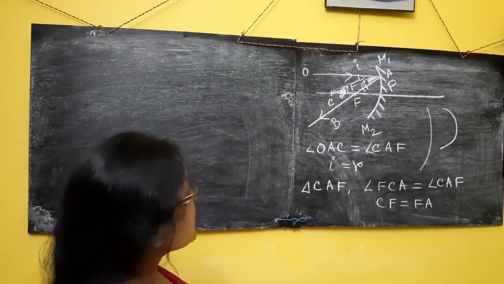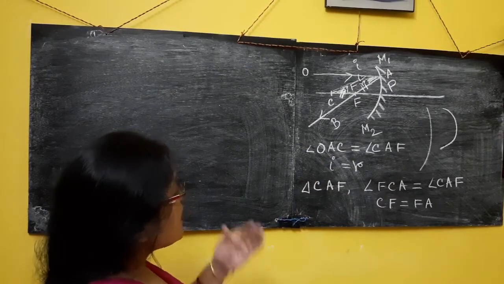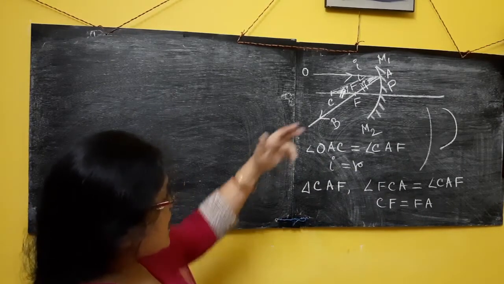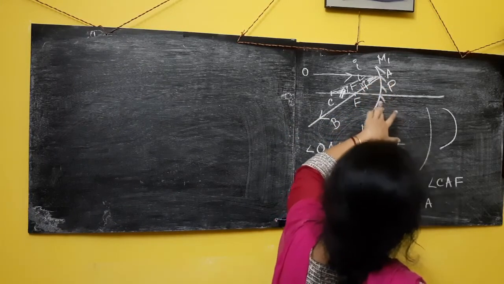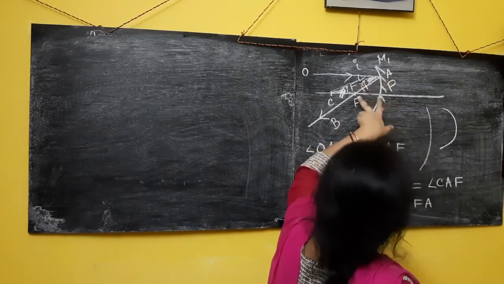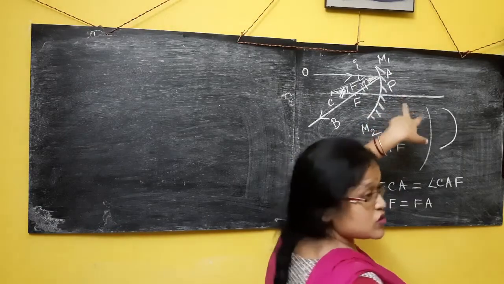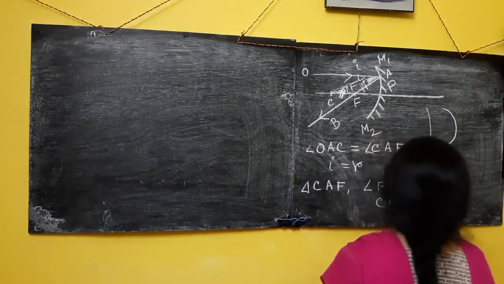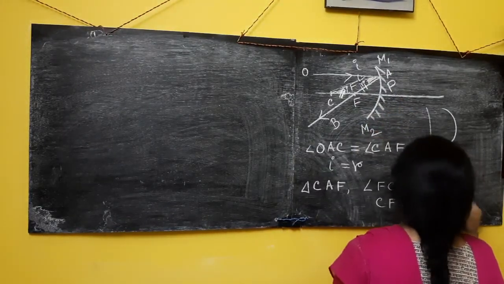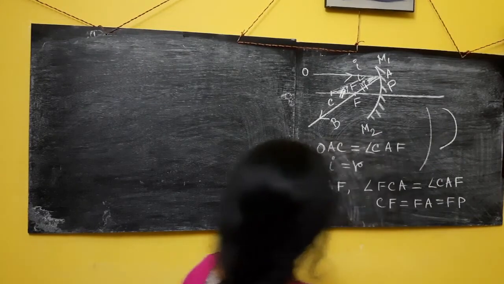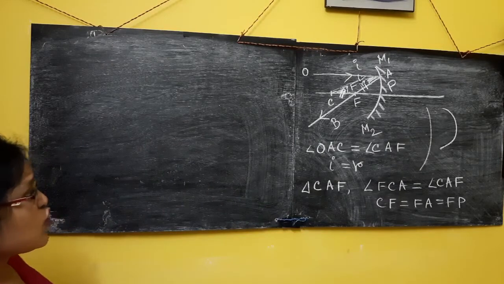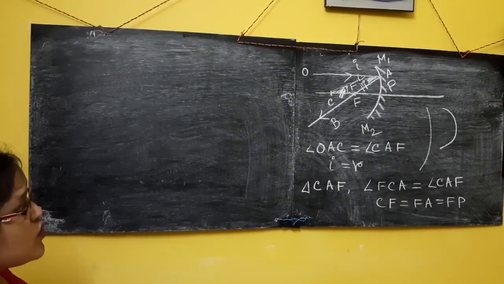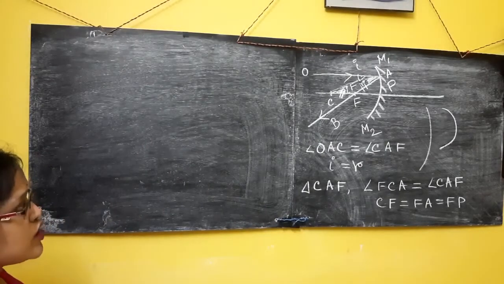Means points A and P are nearly close to each other, so I am writing FA or FP, both are the same. So CF equals FP. Clear? CF equals FP, I think no confusion up to that.